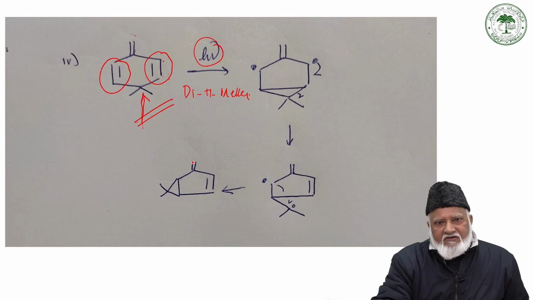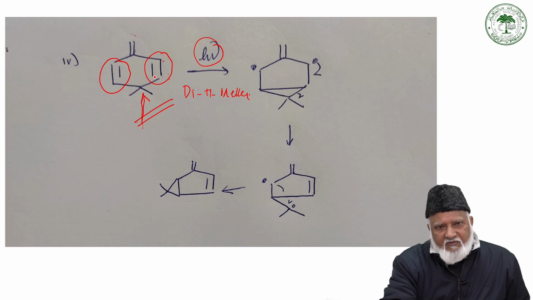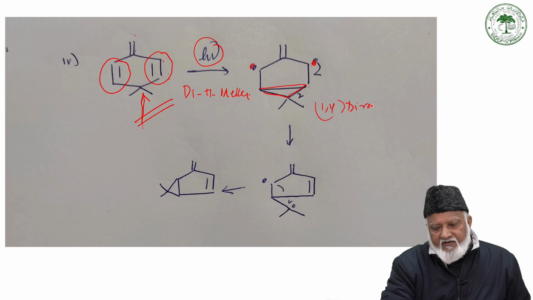The steps involved in this rearrangement we have already learned in the previous examples: excitation of one of the double bonds followed by cyclopropane ring formation. So these 2 double bonds form a cyclopropane ring, with formation of a 1,4 diradical. Then this 1,4 diradical may further undergo cleavage.